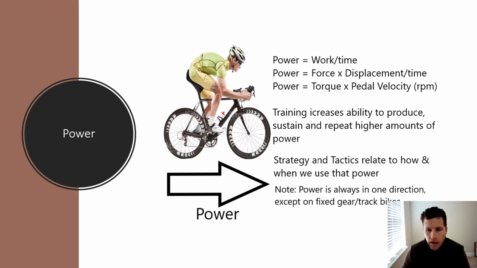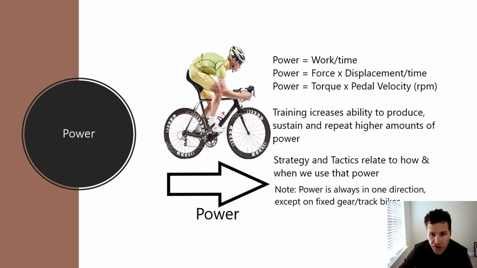Now, the basic physics definition of power is work over time, or force times displacement over time. On the bike, there's really only one specific way that we generate power, and that's by rotating the pedals in a certain circumference of the circles that the cranks make.